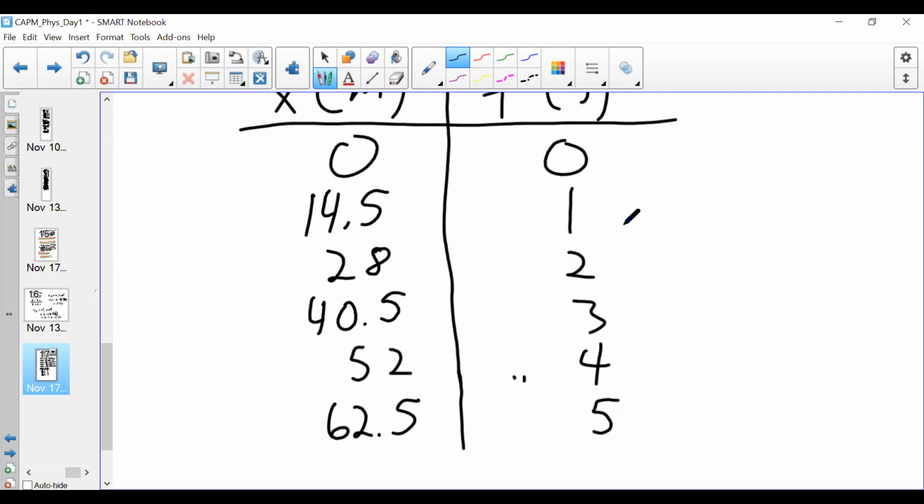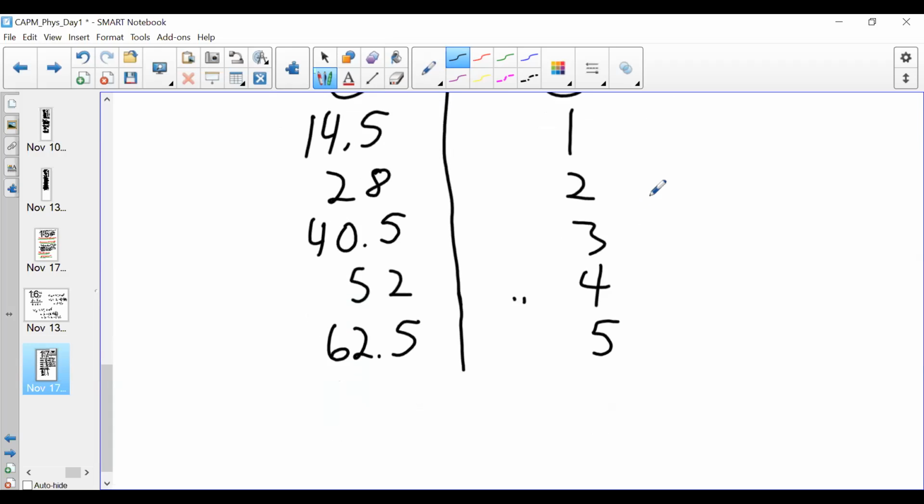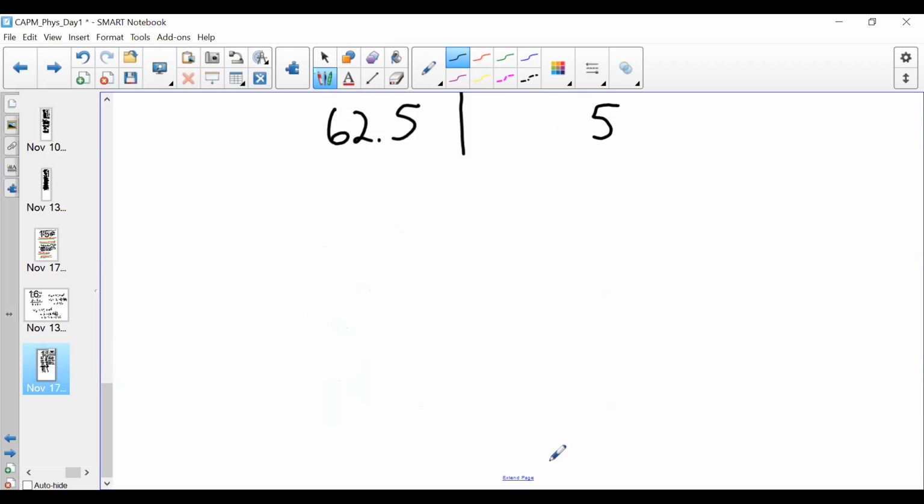Do you think I'm going to have one velocity or many velocities? Many. Yes. Why many? It's not constant. Right. The gaps are unequal. So we're going to get different velocities for every point. So that's what we're going to do now. I want you to go to your breakouts.